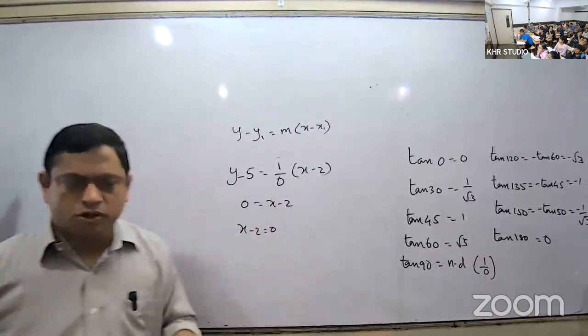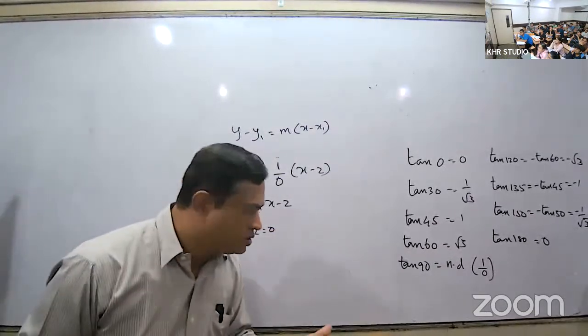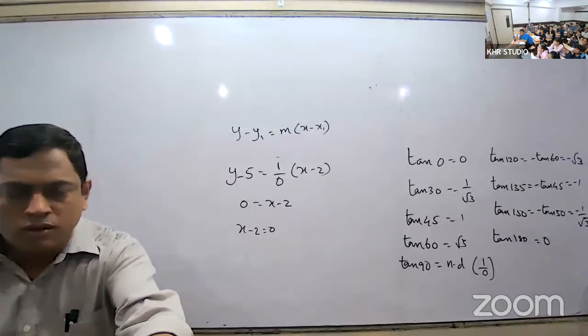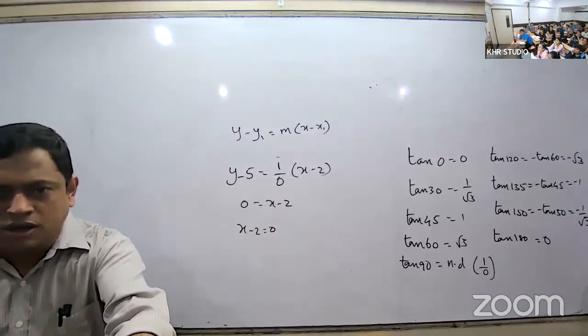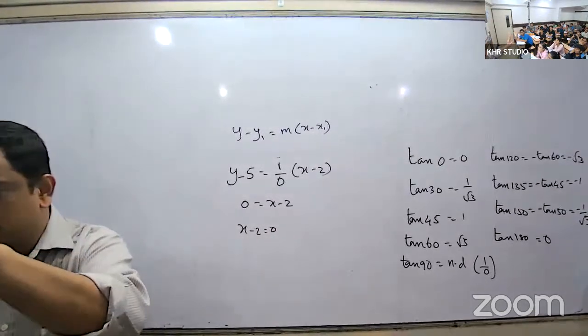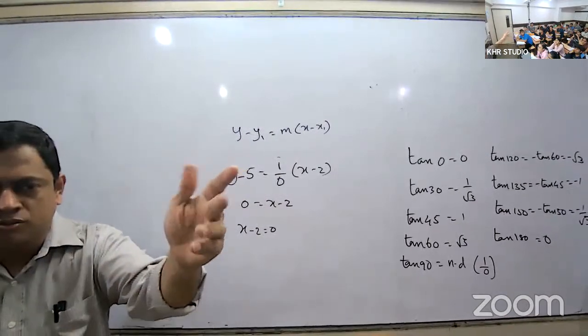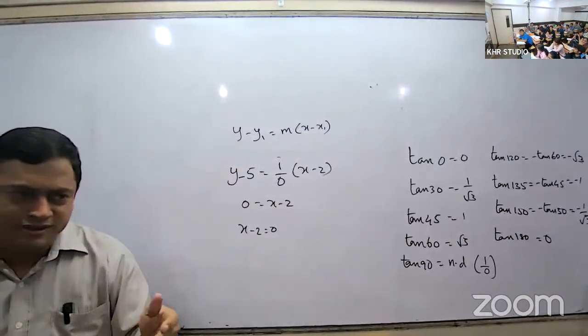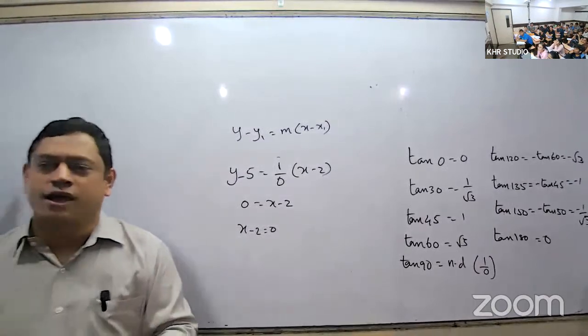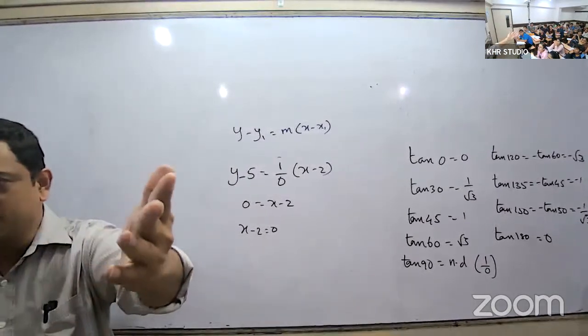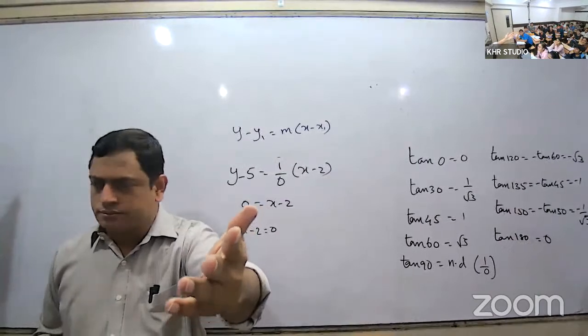Understood now? Yes. Okay. Anyone remember what x equal to 2 means graphically? Very good. X equal to 2 means graphically 2 is a unit of x.